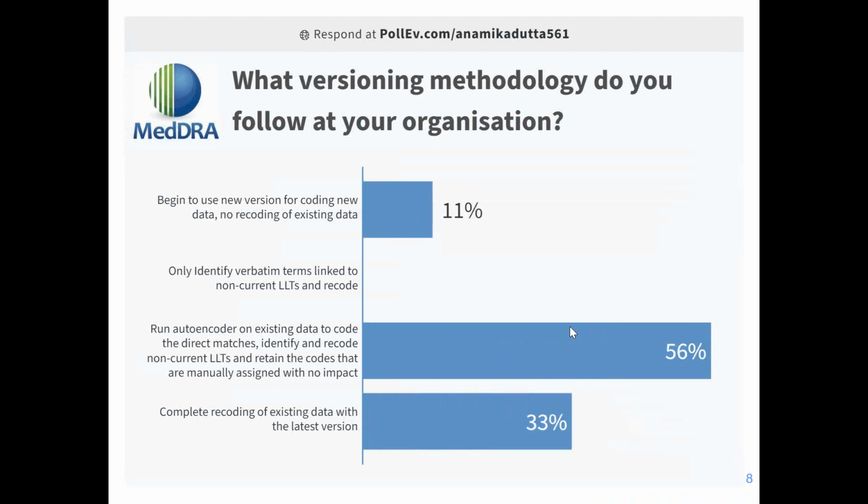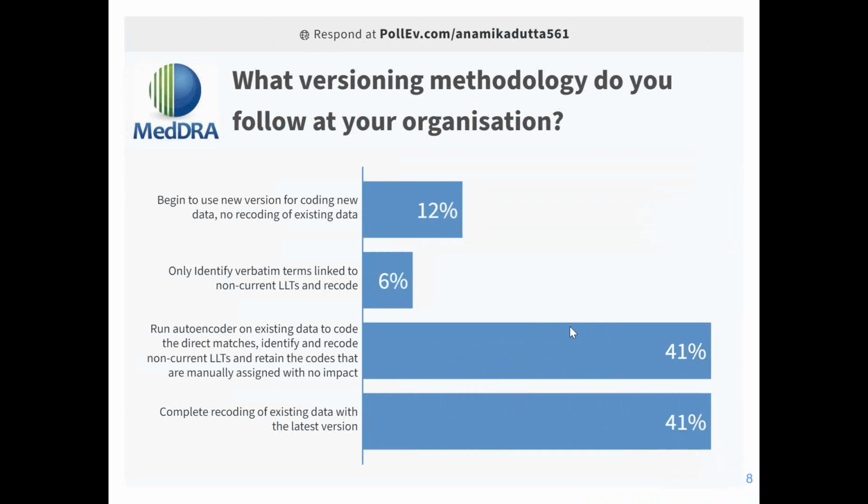Or do you run an autocoder on existing data to code direct matches, also focus on non-current LLTs, recode those, and retain codes that are manually assigned with no impact? And the last one is, do you do a complete recoding of existing data with the latest MedDRA version? Okay, looks like we got a split, with people focused on the last two. That's interesting.